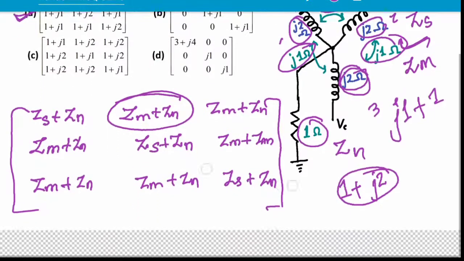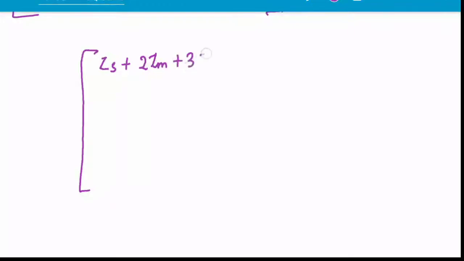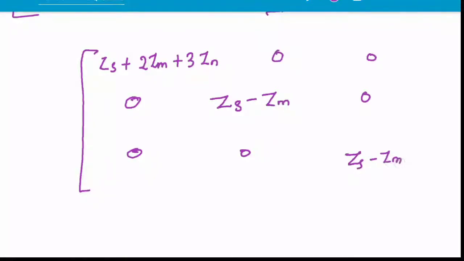If this is given for the symmetrical component matrix, it is given like this. The symmetrical component matrix is given as Zs plus 2Zm plus 3Zn for the zero component, this one is for the positive component, and this one is for the negative component.